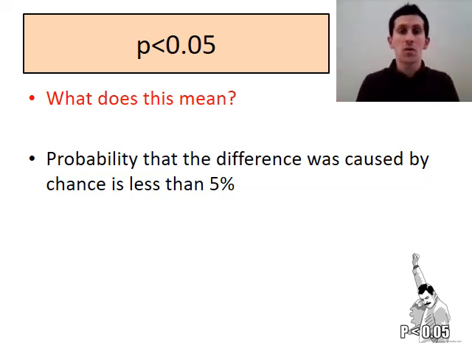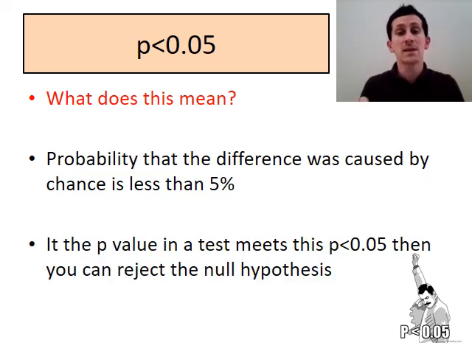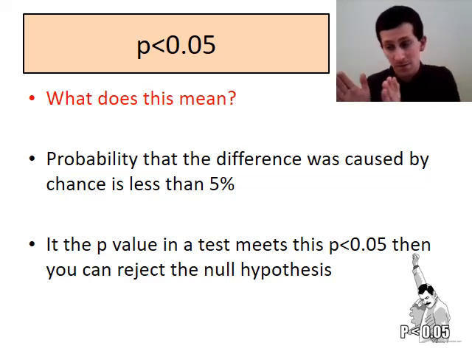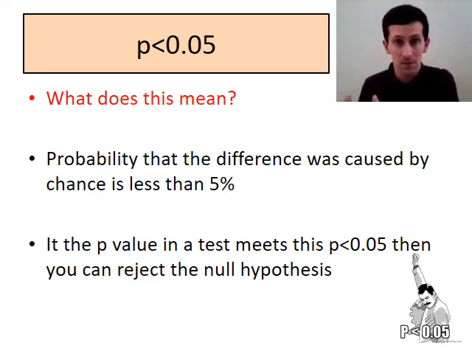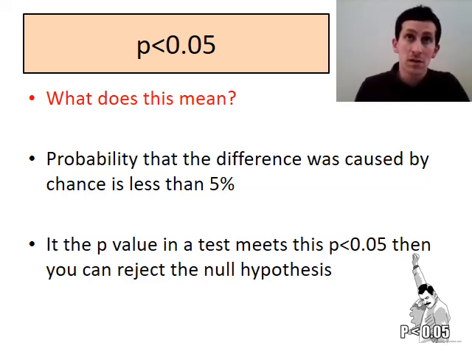So when we've got our results at the end of a study, if we can pass this test, then it means that we can reject the null hypothesis. It means that we are 95% certain of our results. There's a 5% likelihood that the results were down to chance or luck or something else. Okay, so whenever you see that sign, just think, you can be 95% certain of the results, there's a 5% chance that the results were just down to luck.